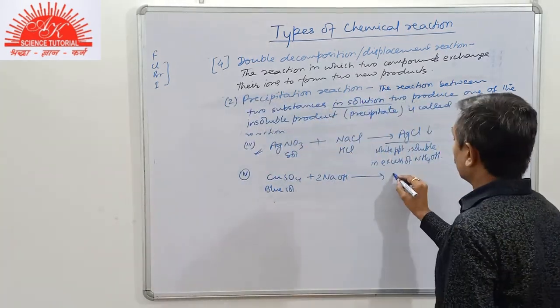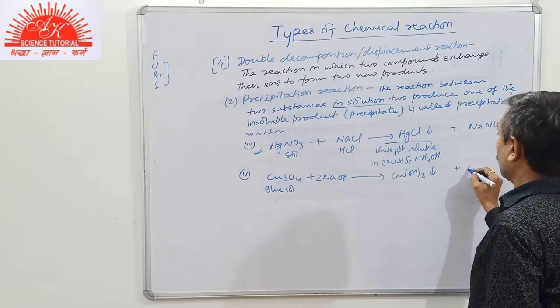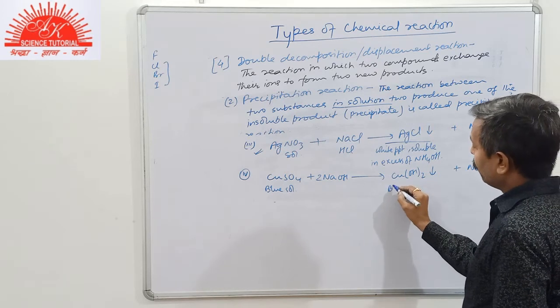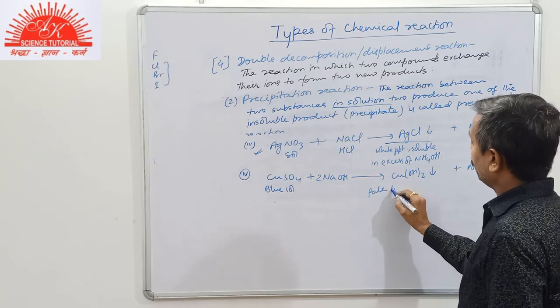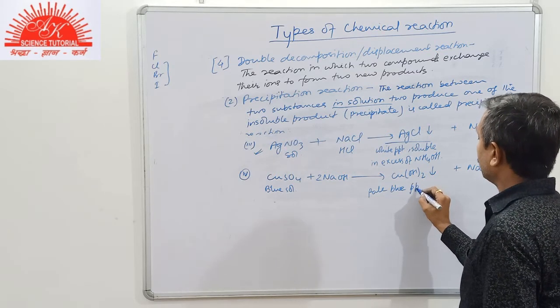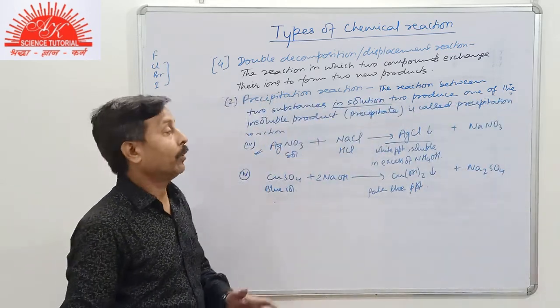It gives Cu(OH)2 plus Na2SO4. A pale blue precipitate is formed, which is insoluble in excess of NaOH.